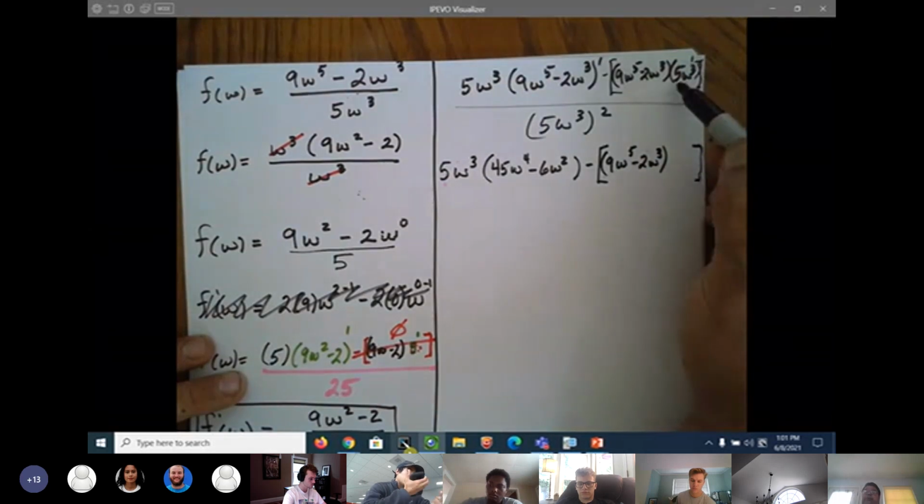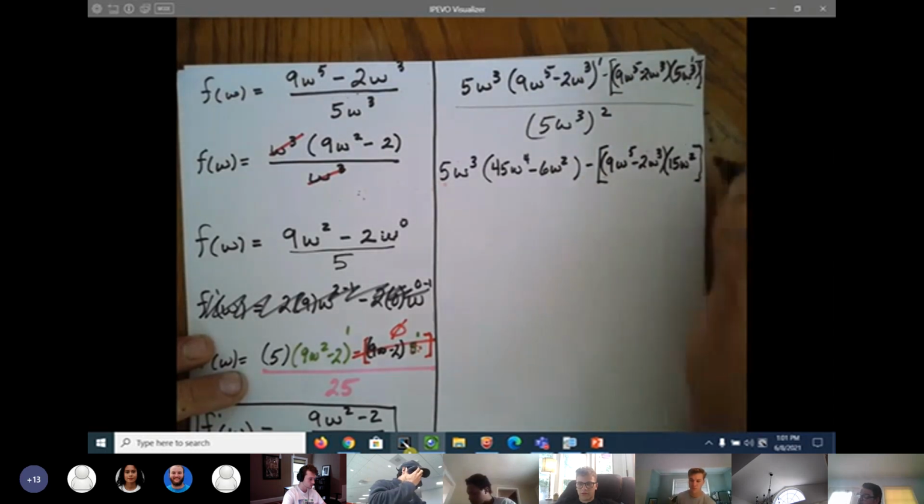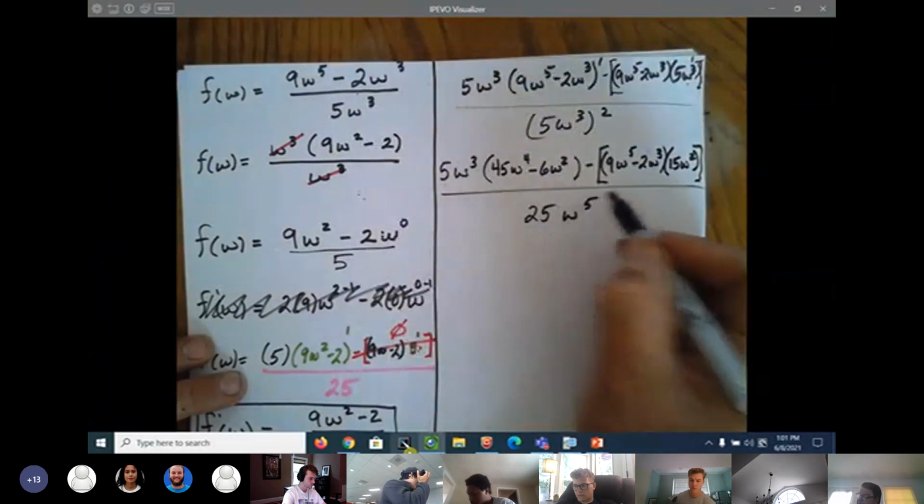And what is the derivative of 5w to the third power? It's 15w squared. All that over 25w to the 5th.